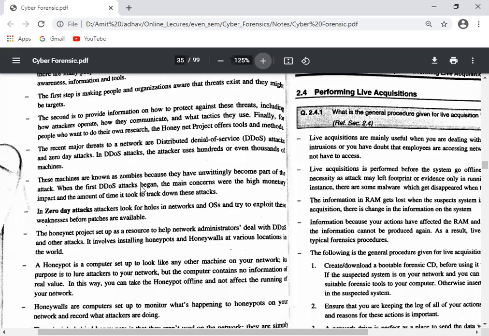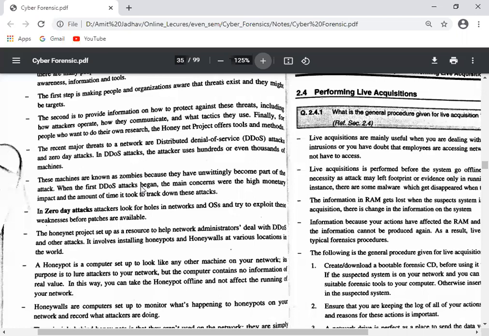They also find holes in an operating system so they can get authentication to the operating system. They can enter the operating system and get all the data which is very important for the organization.